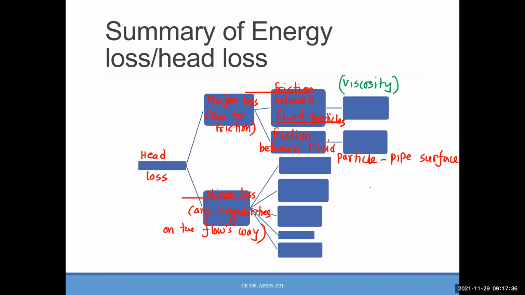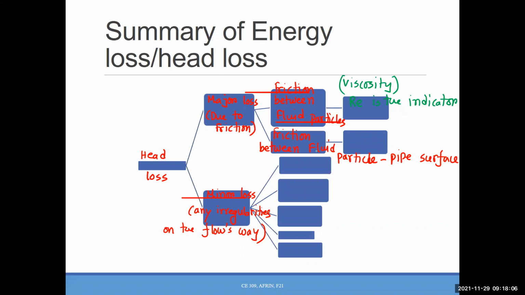And there is a number called Reynolds number. Reynolds number is the indicator. So Reynolds number can tell what amount of viscosity is present within one type of flow, and based on that we can identify different types of flow. We will discuss that one.